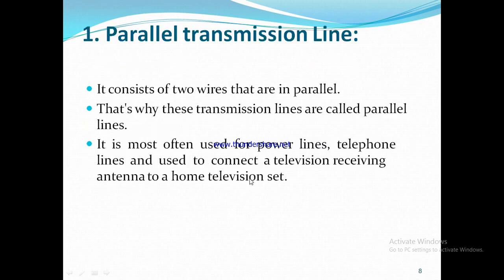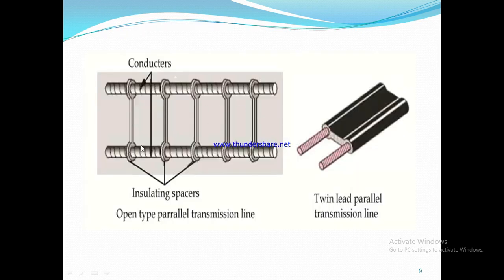So the first one is the parallel transmission line. This parallel transmission line consists of 2 wires that are in parallel. That's why these transmission lines are called parallel lines.